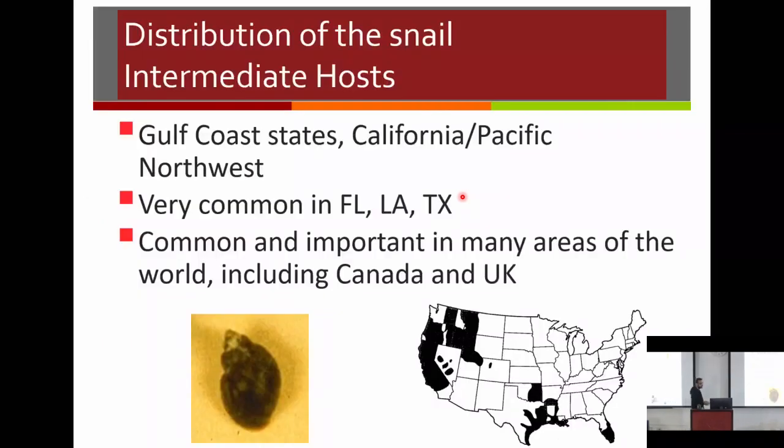Okay, so the distribution of the snail, the intermediate host. These are the states you will see in black: the Gulf Coast states, California, the Pacific Northwest. So these are the different states where you will see the snail, such as Florida, Louisiana, or Texas. This is important in many areas of the world, including Canada, the UK, and other parts of the world in Asia.